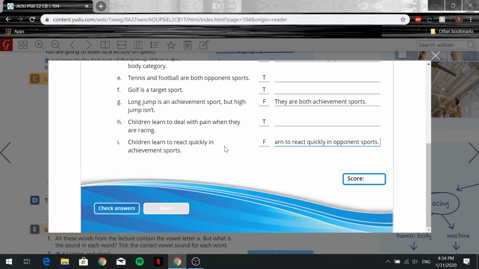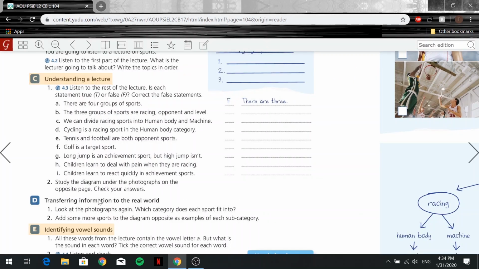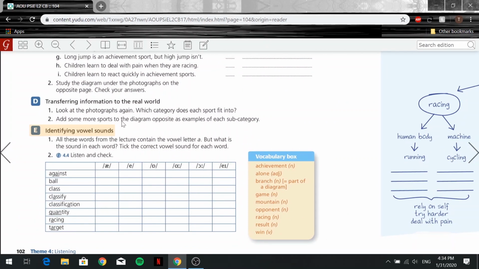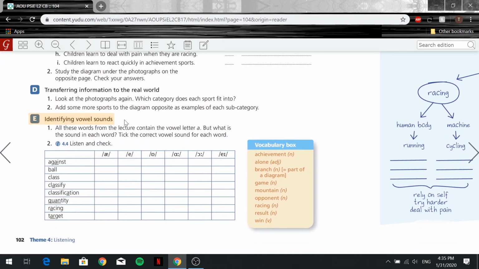Children learn to deal with pain when they're racing. Yep. And children learn to react quickly in achievement sports. That is false because they learn to react quickly in opponent sports. Okay? So that was exercise C. Excuse me. Now I'll get back to exercise D. Let's first do exercise E here.